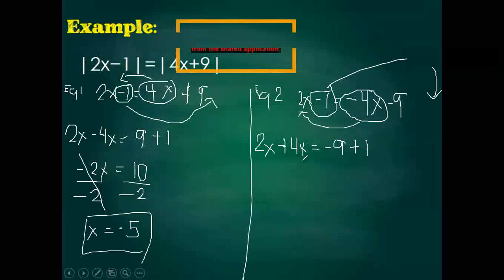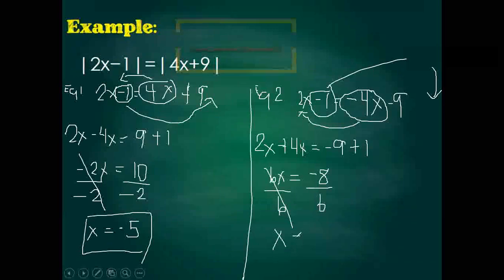So 2x plus 4x, the answer is 6x. Negative 9 plus 1 will be negative 8. Divide both sides by 6. Cancel. So negative 8 over 6, right? Make it lowest term.